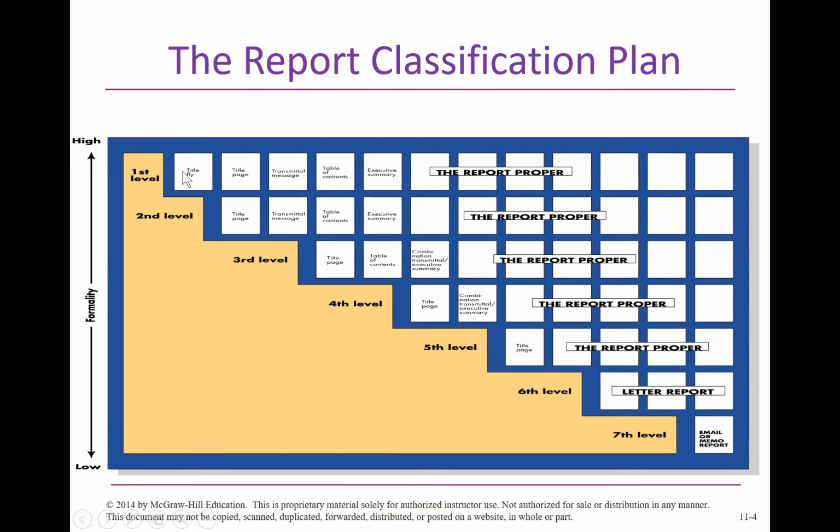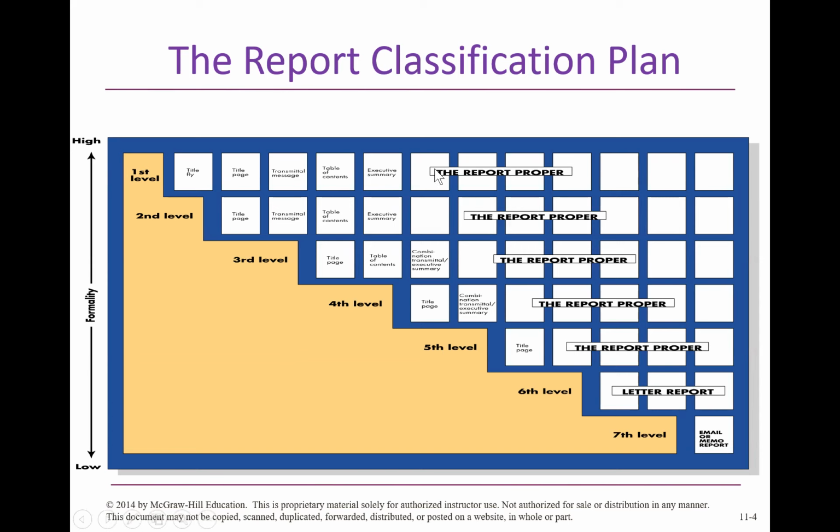In the first level, the highest formal report, this will include title fly, title page, letter of transmittal, table of contents, executive summary. This is not all. There are some other pages that you have to include. Say for an example, I have already told that acknowledgement. If you receive any support from anybody else, you have to acknowledge that in the report. So there will be an acknowledgement page.